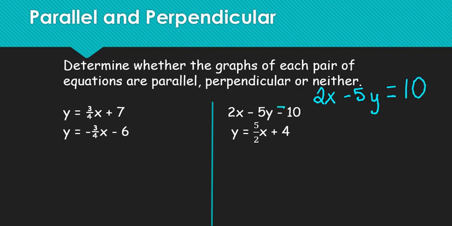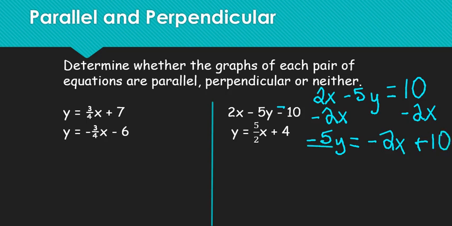Okay, so first I need to subtract 2x, then I'll have negative 5y equals negative 2x plus 10, divided by negative 5.